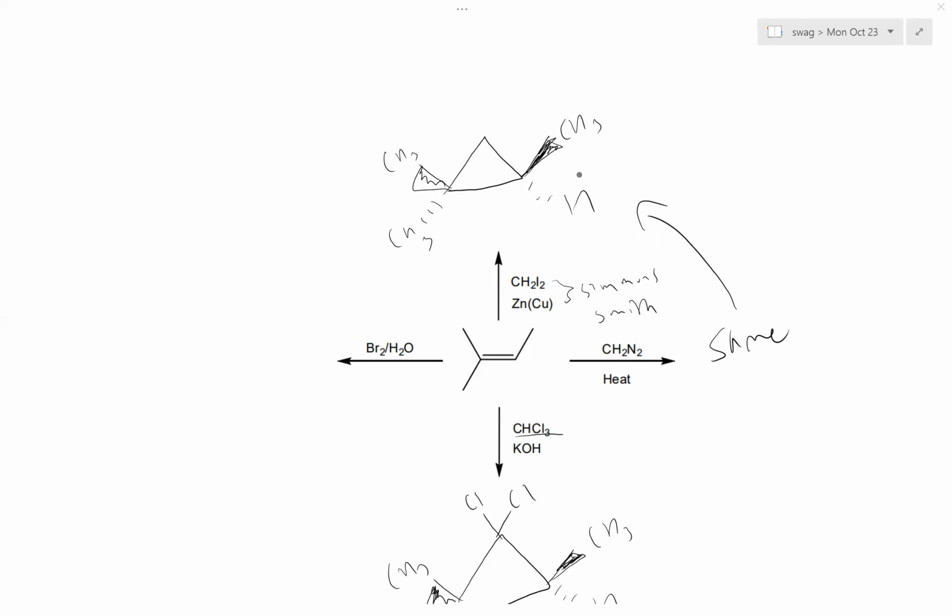Because it attacks the most substituted side, you get inversion, because it's like a backside attack. So they're anti. This one's anti, and it's Markovnikov, but with H2O. So you get something that looks like this.